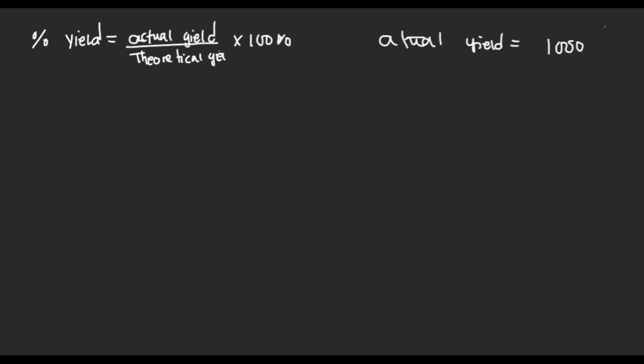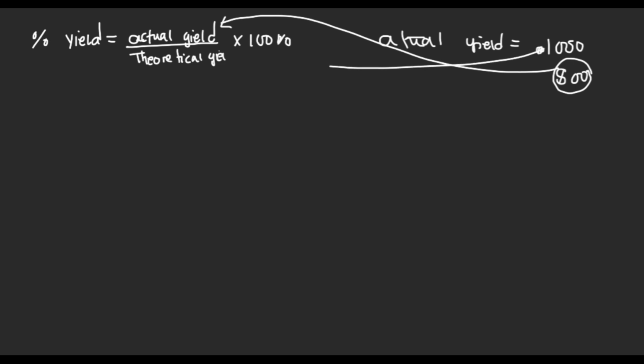Then after the actual preparation is done, you find out that you get 800. So 800 is what you have gotten, so this is the actual. Then 1000 is what you expected based on the calculations, so this is the theoretical. For this formula, the theoretical is based on the calculations, and the actual is the one that you've gotten.